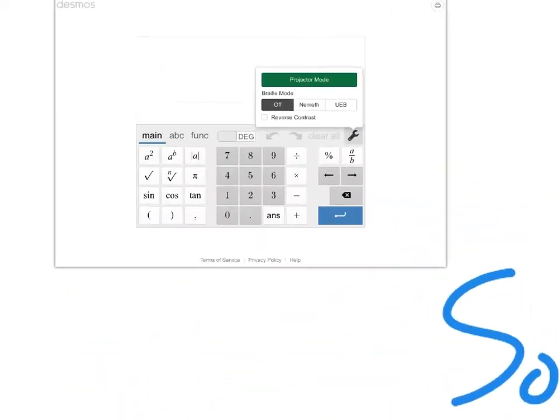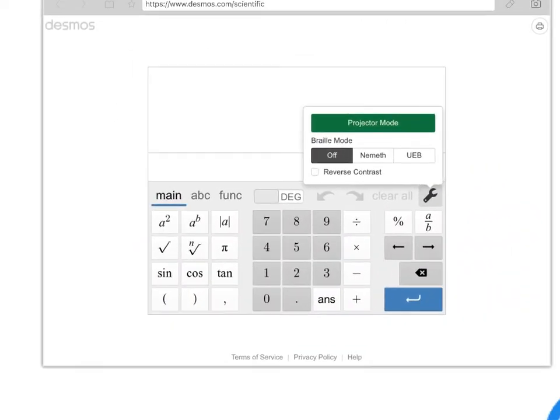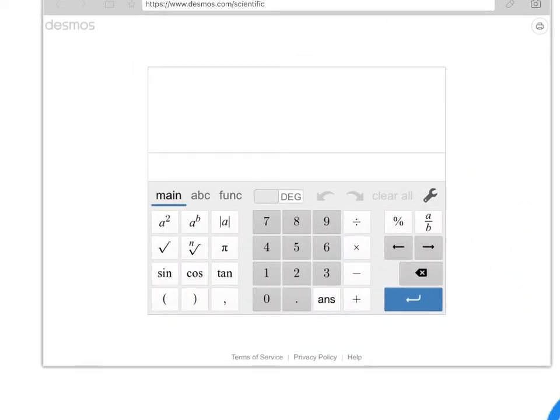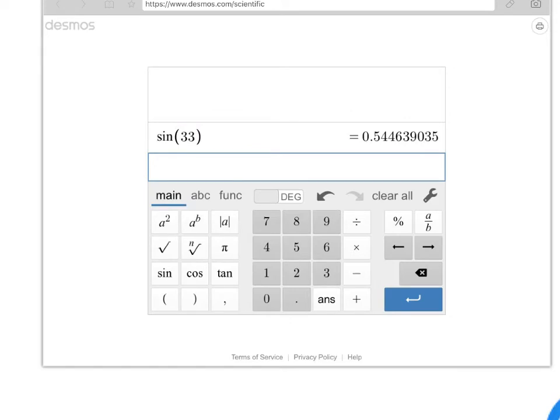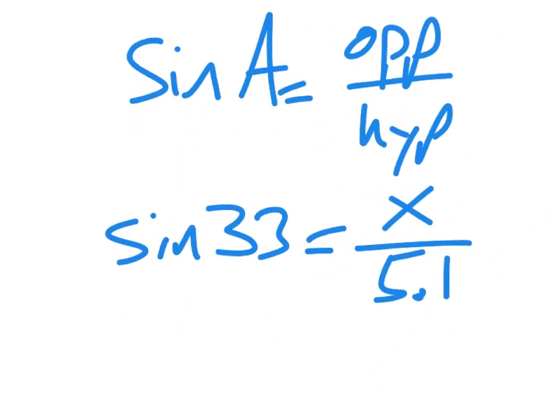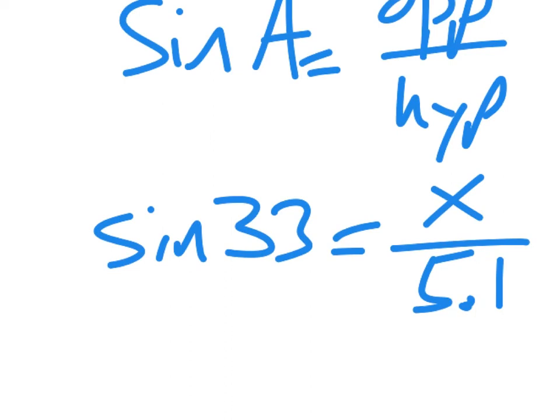So we'll go to our calculator, and we've got the sine of 33, and that is 0.5446. Remember that, 0.5446. So we've got 0.5446 equals x over 5.1.